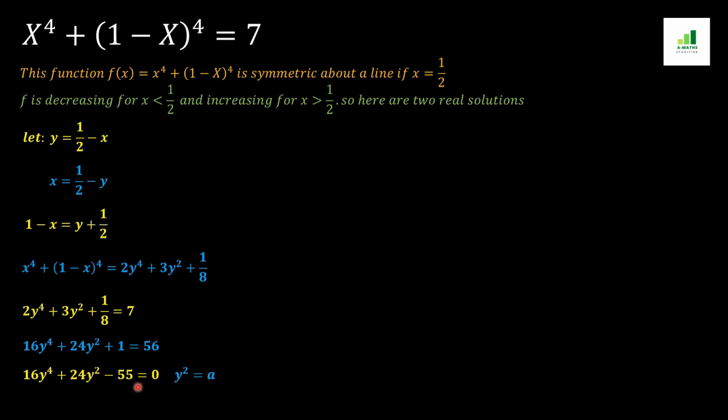In the end, after simplification, we should get 16y^4 + 24y^2 - 55 = 0. Now, if I consider y^2 equal to a, then our given equation will be converted into 16a^2 + 24a - 55 = 0. Here we can see that originally it has power 4 and y squared, but after this assumption we get a simple quadratic equation.